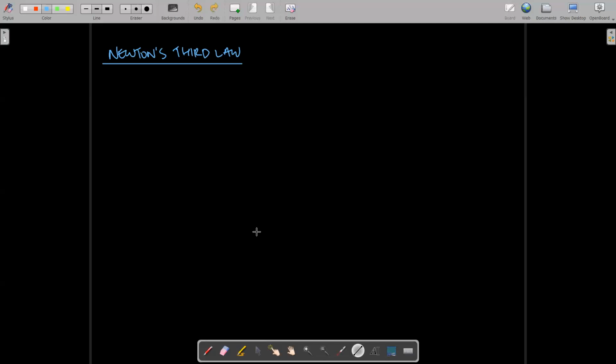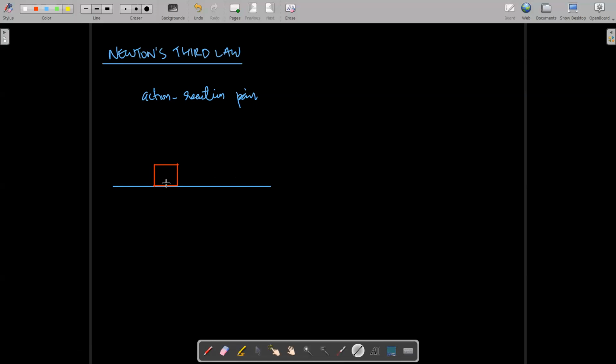So there will always be an action reaction pair. Suppose we have a plane like this onto which a body is kept, a block of mass m is kept onto the surface.